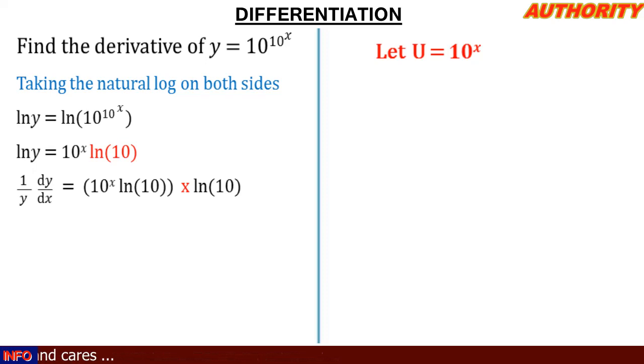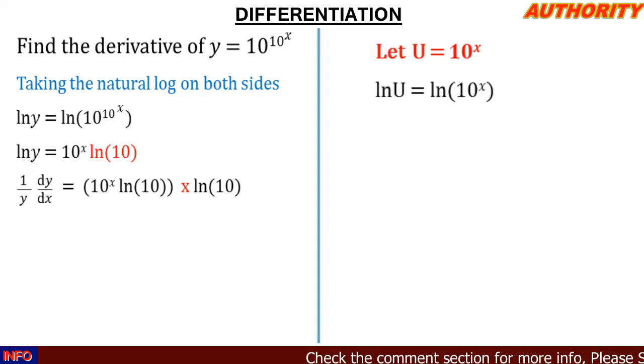Now let's look at it as a function. Let u equal 10 raised to power x. To find the derivative of this function, first of all we take the ln of both sides. Taking the ln of both sides, we have ln u is equal to ln 10 raised to power x. As usual, we bring the exponent down.